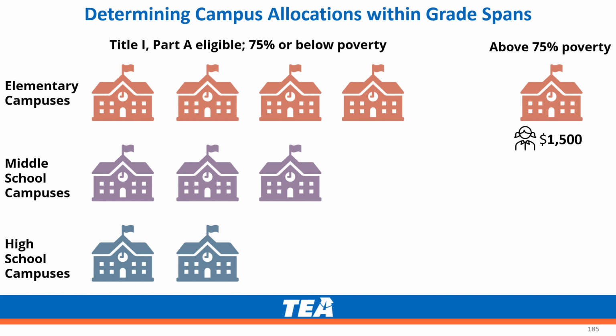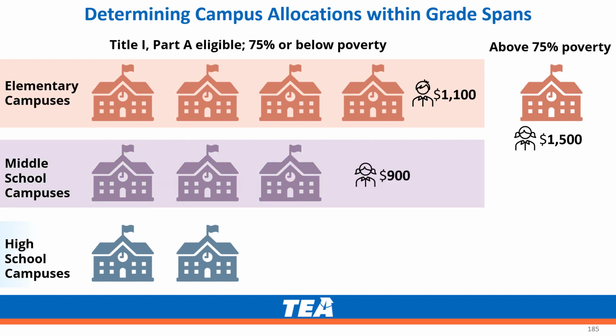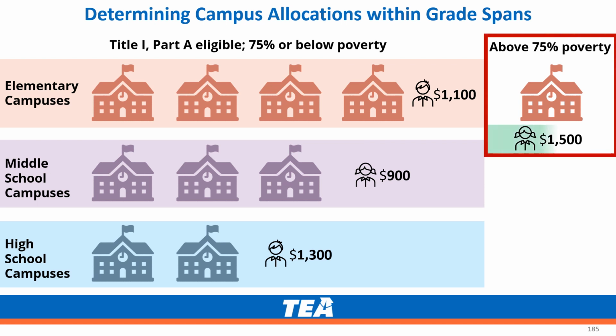An LEA that opts to serve high schools between 50 and 75% poverty and other campuses 75% poverty and below using grade span groupings may determine different per pupil amounts for different grade levels, so long as those amounts do not exceed the amount allocated to any school above 75% poverty.